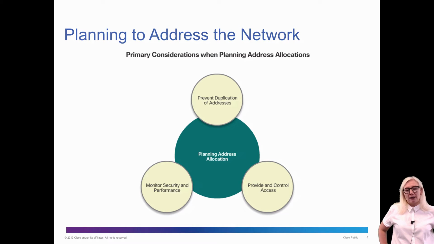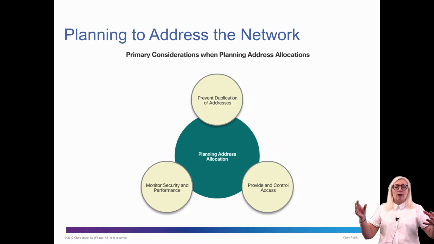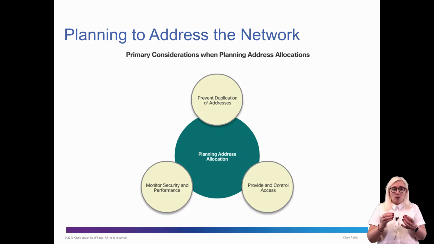Both the security and the performance will lead us into making the LANs smaller and segmenting them more, and therefore also subnetting our networks. Of course, prevent duplication of addresses.